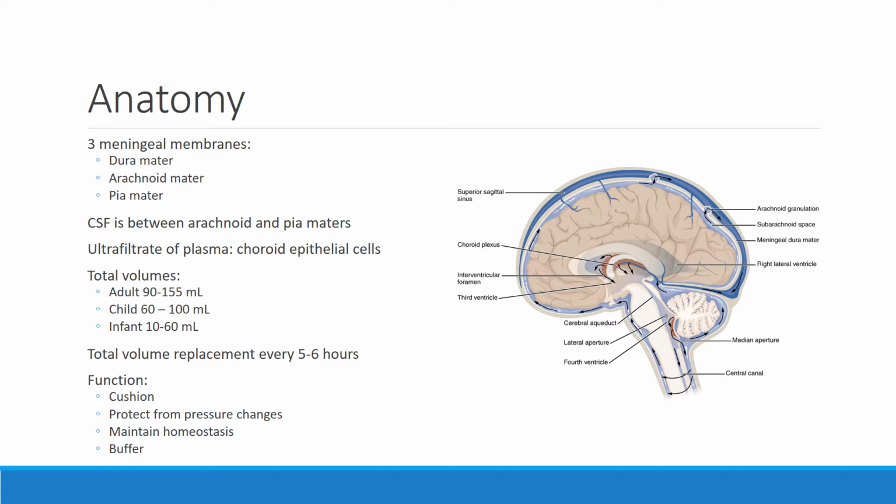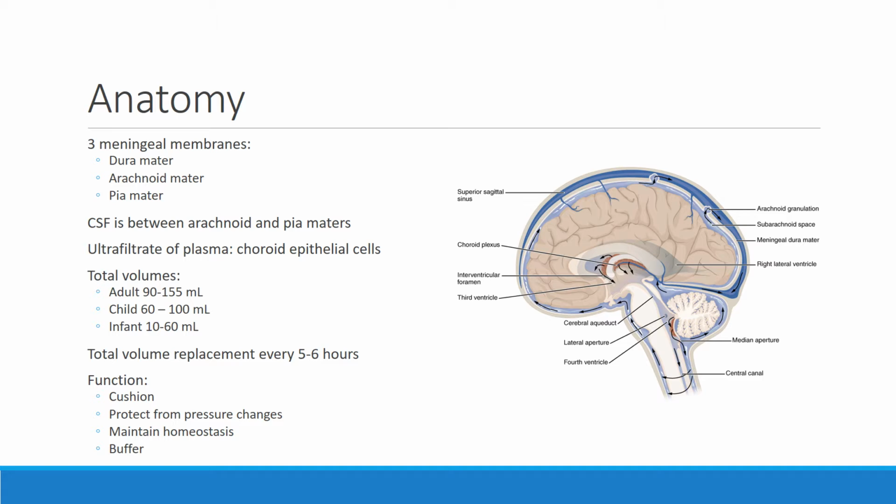And the way it's produced is the plasma is ultrafiltrated, so this is not exactly the same consistency as the plasma is, so it's not like you just remove the cells and you have CSF. There's actually other materials that are secreted in by the cells within the choroid plexus, creating a new and different kind of fluid.